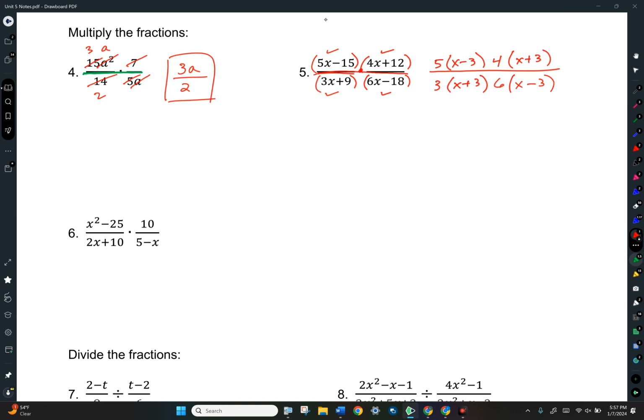Okay, so now can I cancel any factors? Well, this x plus 3 factor cancels this x plus 3. Notice I didn't cancel the x's and then separately the 3's. I didn't cancel terms. I canceled the entire parenthesis factor. I can cancel this entire factor with this one. And then on top, I have the 5 times 4, which is 20.